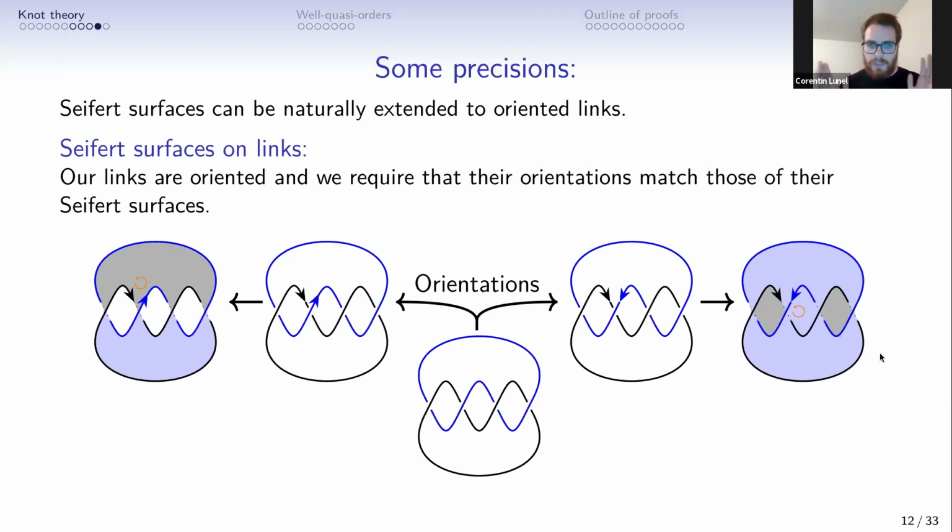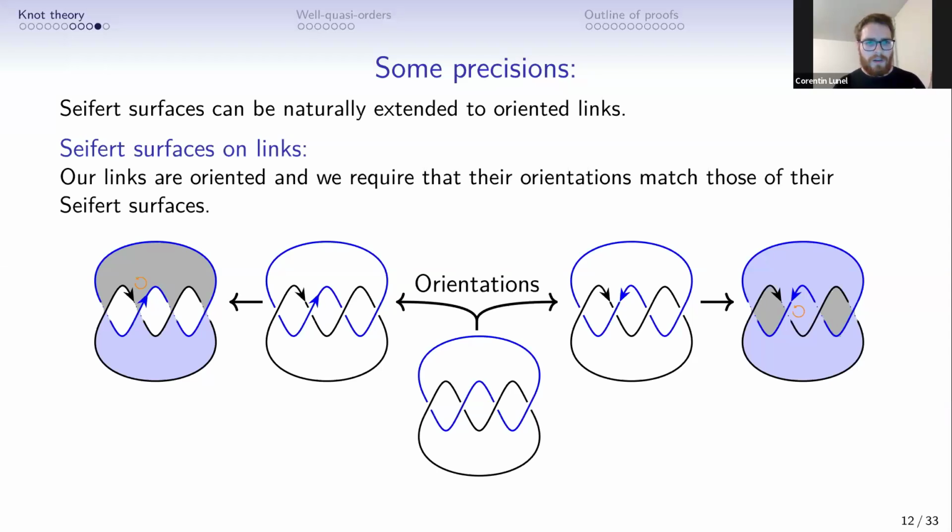So what I'm telling you is that Seifert surfaces depend on the orientation, and so it makes sense to consider orientation on links. And we orient the link afterward, although I will not picture the arrows on the drawings.